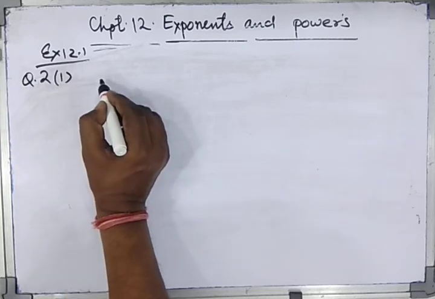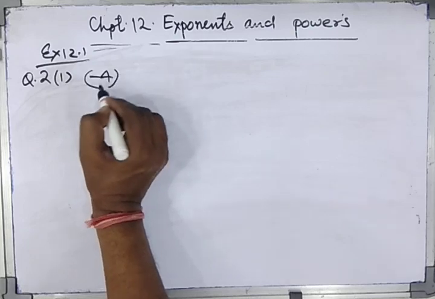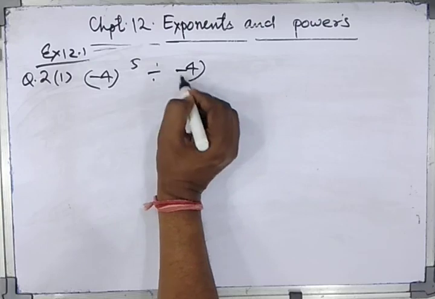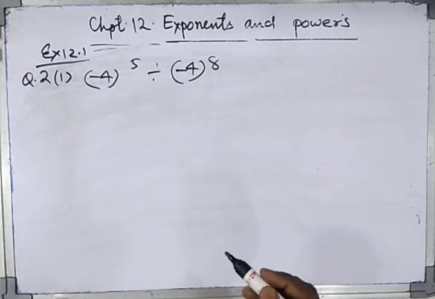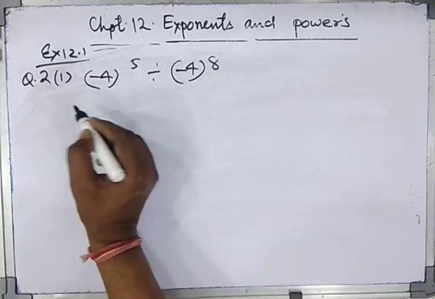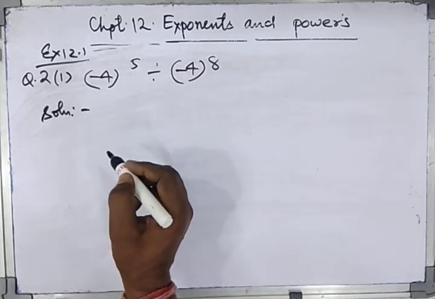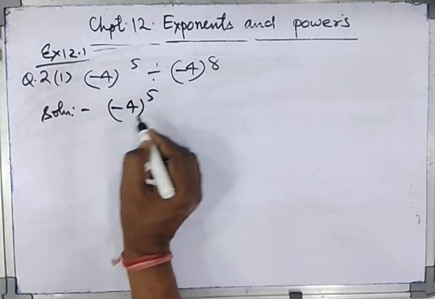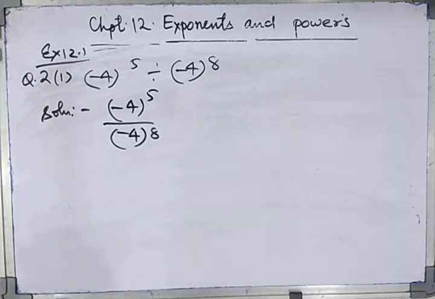First one, minus 4 raised to 5 divided by minus 4 raised to 8. So, solution, students. Minus 4 raised to 5 divided by minus 4 raised to 8.